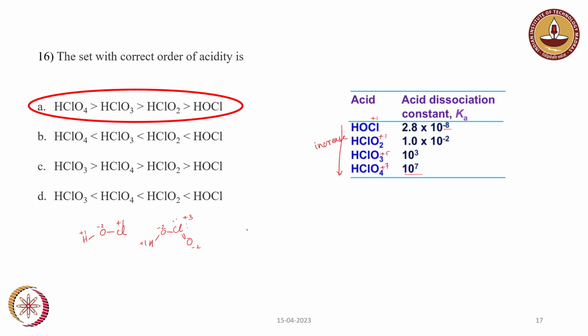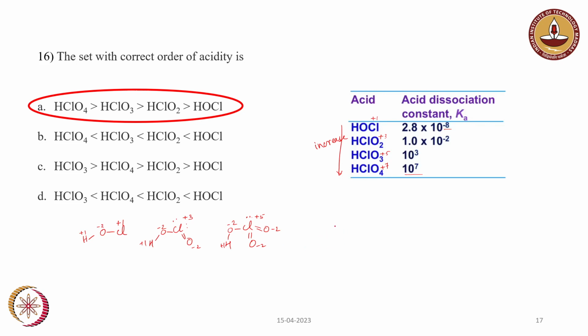And the next one is HClO3. The structure is Cl-O-H and double-bonded O and 1 lone pair. Here the oxidation state is +5 because -2, -2, -2 and +1.